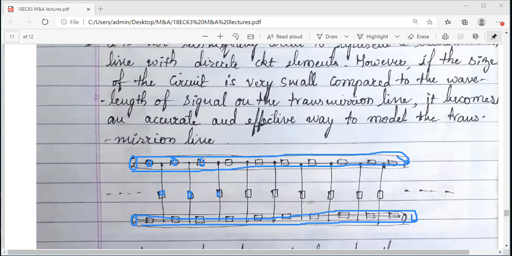Now, you tell me, you have already studied network theory and you have already done many experiments in your laboratories, analog electronics, circuit labs. So tell me, what are the different circuit elements you have worked on? Whenever you design a circuit, I think you have done rectifiers, amplifiers, oscillators, then filters. What different circuit elements have you come across?